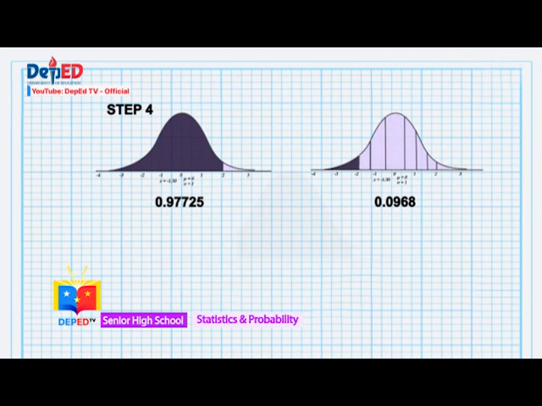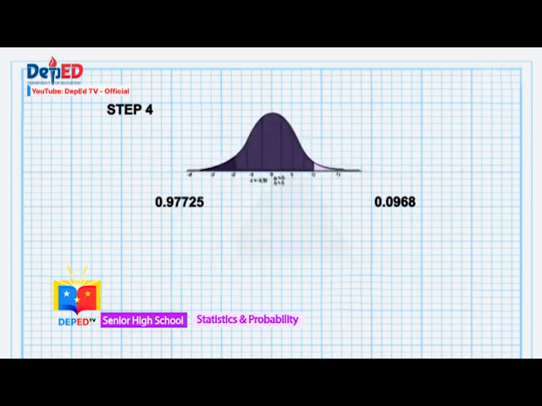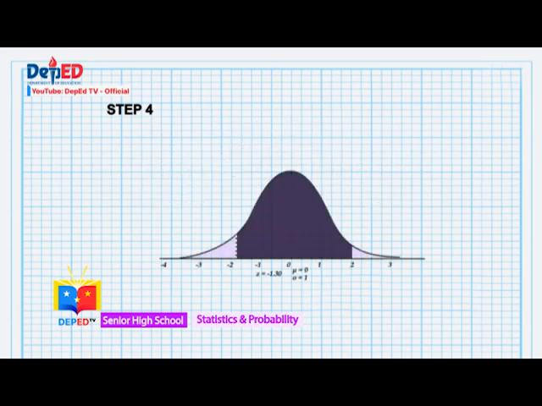When the shaded region is in between the two z values, subtract the biggest by the smallest value obtained in step 3. Since the shaded region is within the two z values, subtract 0.0968 from 0.97725. The difference is 0.8804. Therefore, the area of the shaded region is 0.8804.